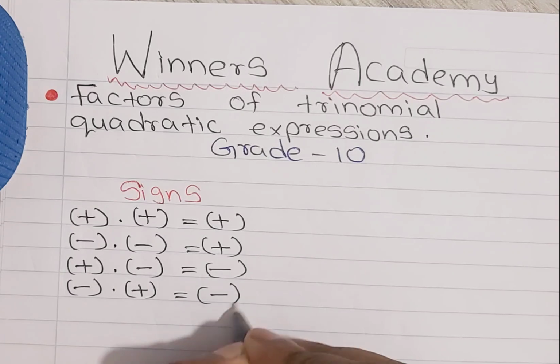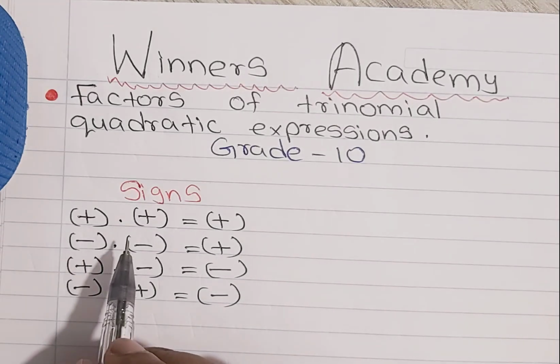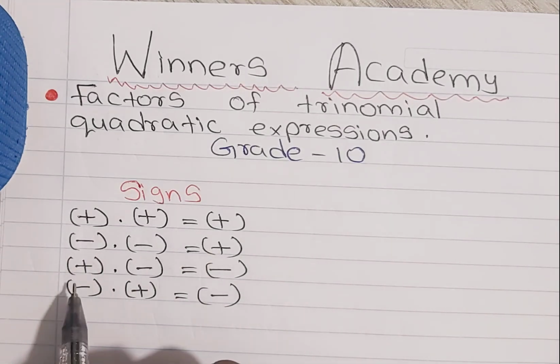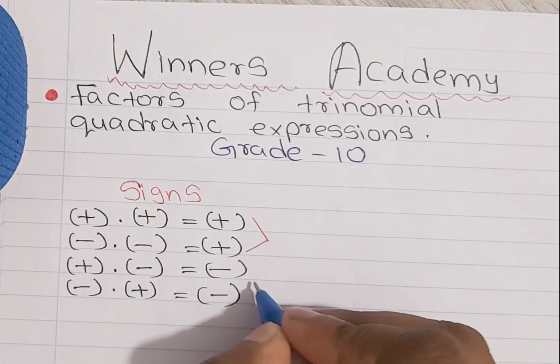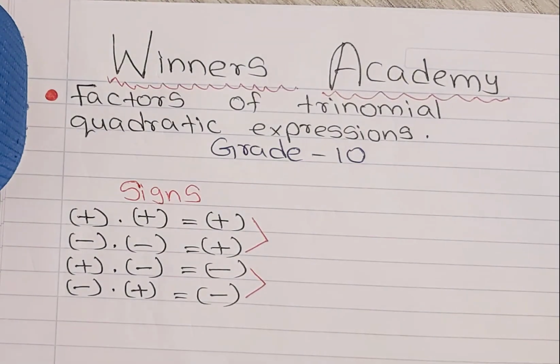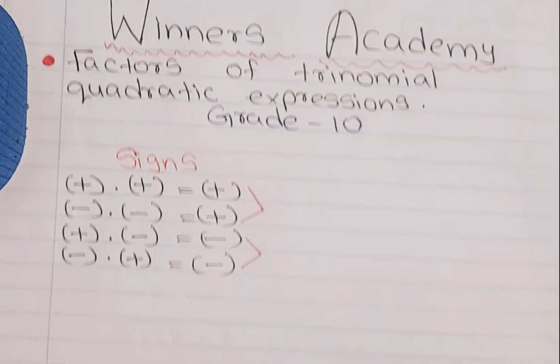It's easy to remember that when you multiply equal signs, the answer is positive. When you multiply opposite signs, the answer is negative. These two are equal signs, these two are opposite signs.